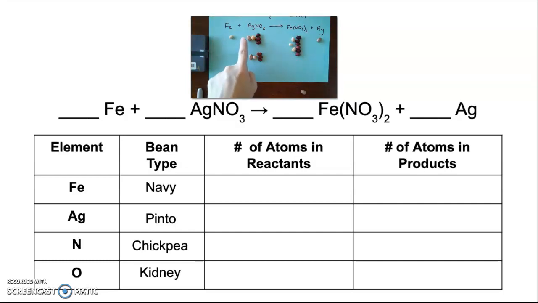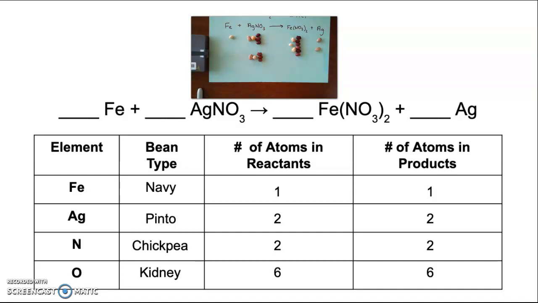So now by adding that silver nitrate, I went from 1 silver to 2 silvers. So over here where I only have 1 silver, I need to add 1 more. All right, and now when I count, I can see that I've got 1 iron on both sides, 2 silvers on both sides, 2 nitrogens on both sides, and 6 oxygens on both sides.